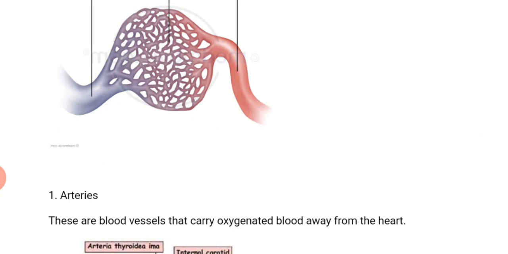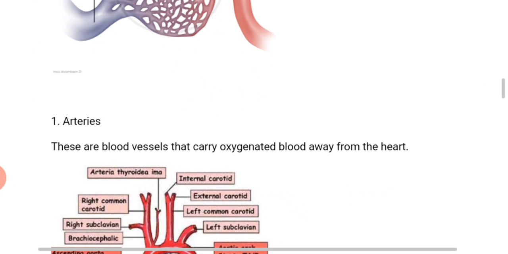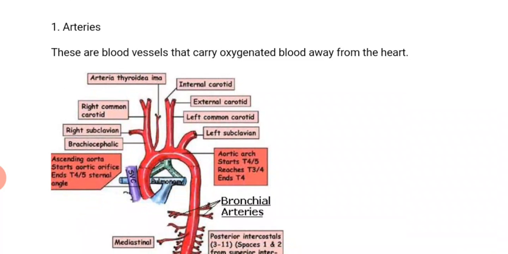So number one, which is arteries. Arteries are the blood vessels that carry oxygenated blood away from the heart. I said there are three types of blood vessels: arteries, veins, and the capillaries.